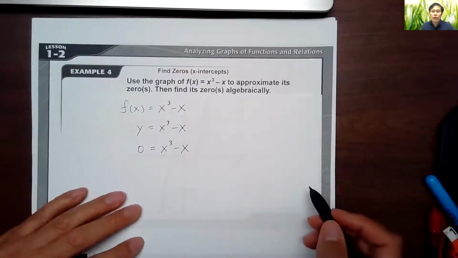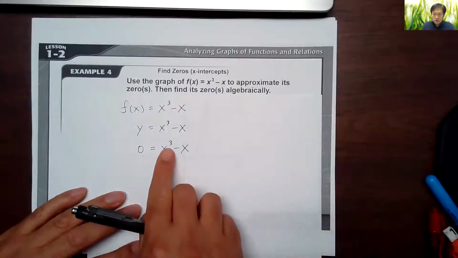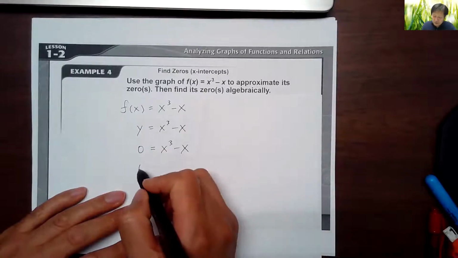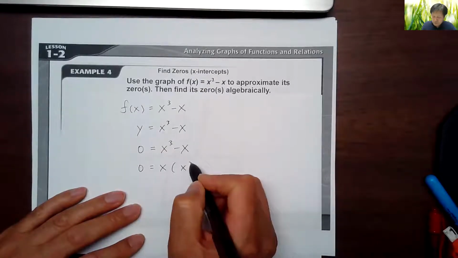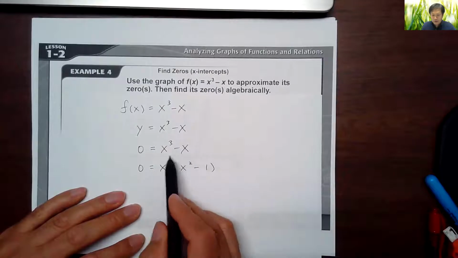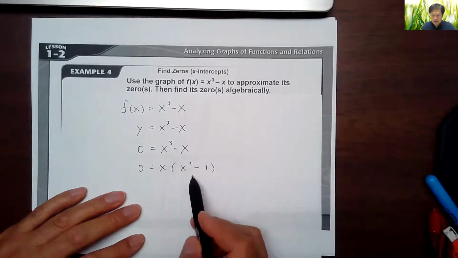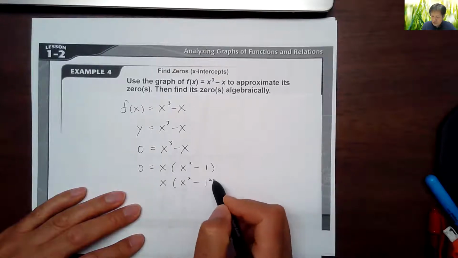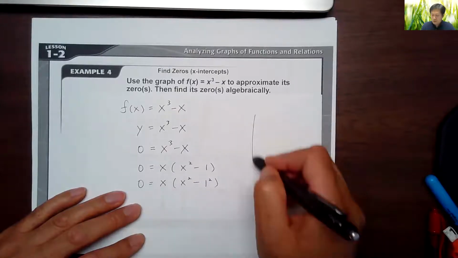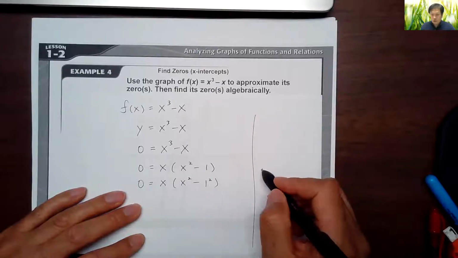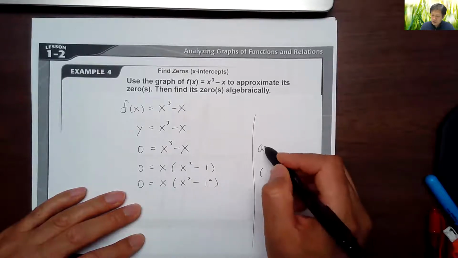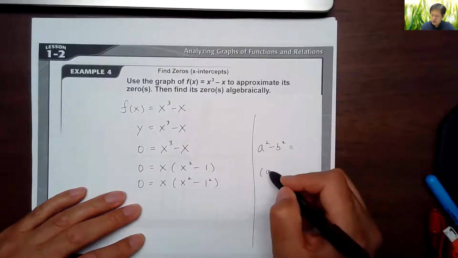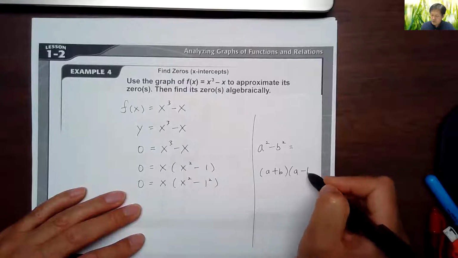You're solving for x. So if you have a cubic power, you're hoping to get a factor. So you can factor x out here. With this x squared minus 1, you can interpret that as x squared minus 1 squared, and you can use the a squared minus b squared formula, equal to a plus b times a minus b.